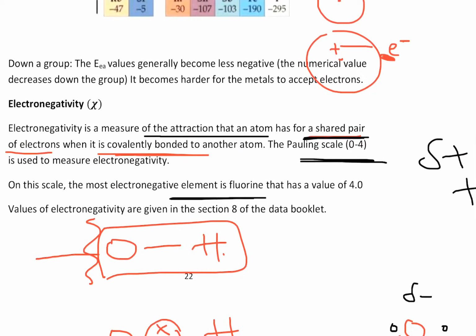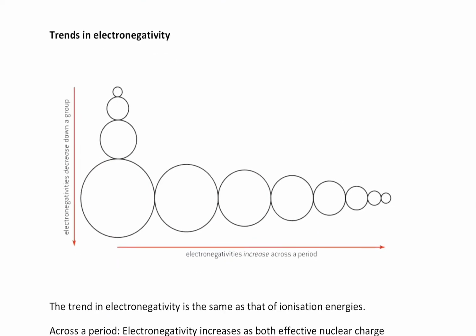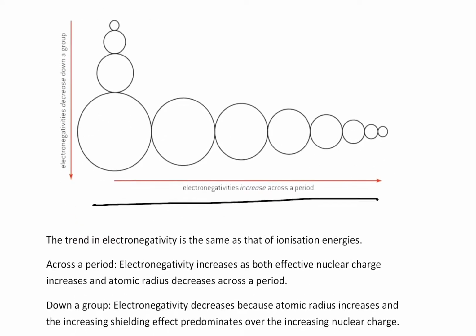You find the electronegativity values in section 8 of the data booklet, and across the period, electronegativity increases. It increases because the atoms are getting smaller.